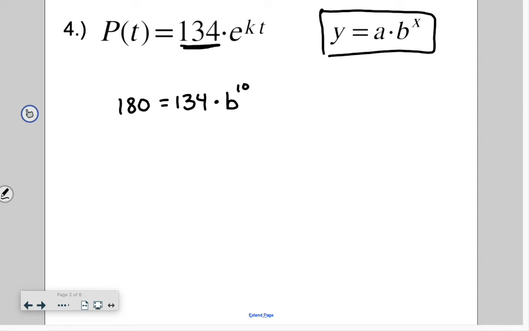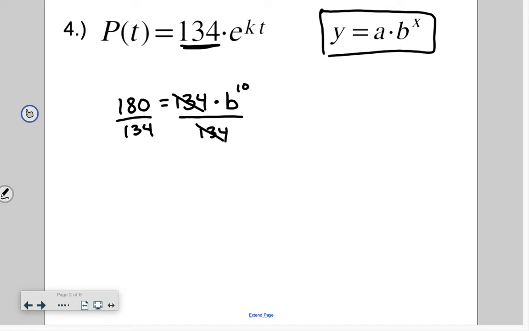In the first line of the problem, it says the population P in thousands. So that's how they're defining it, in terms of thousands of people. So whatever number, you have to throw thousands at the end. 180,000. 134,000 people. So now we solve for B. Two steps. Divide both sides by 134.